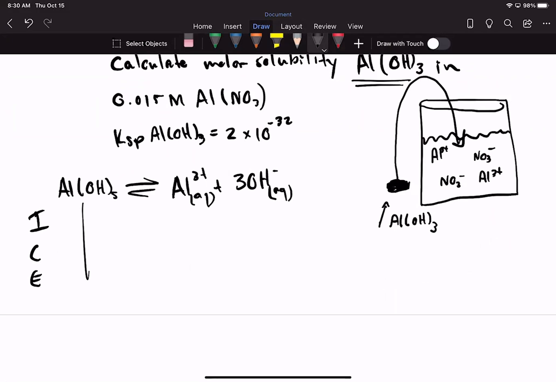So when we're looking at this, we do have a 0.015 solution of aluminum, right? We already have that concentration here. Even though we're talking about the molarity of aluminum nitrate, the initial concentration of my aluminum is 0.015. I don't have any hydroxide in that solution yet.